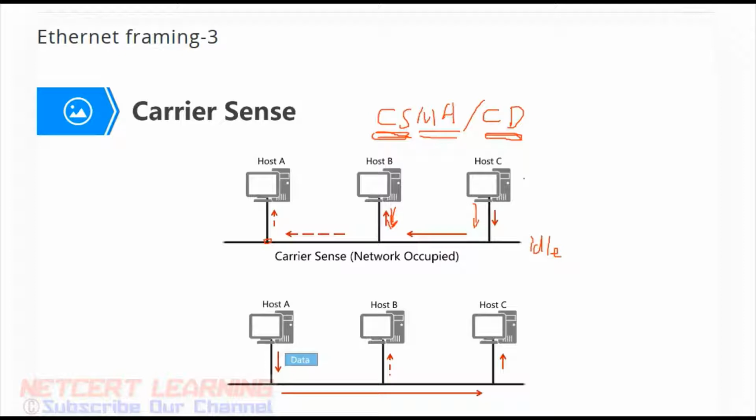If a collision happens, the device should stop sending and let the other device know the collision has happened. Both devices will hold back, wait for a random time, and then begin sending again, with carrier sense applied: if the media is idle, they send again.